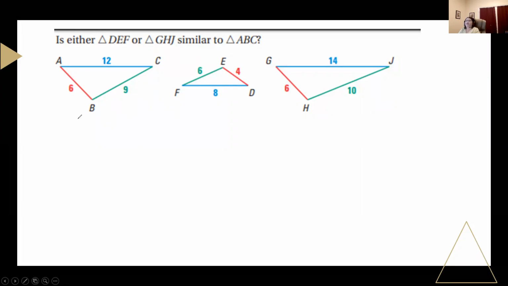So if I'm looking at ABC and EDF, do you want to do 4 over 6 or 6 over 4? It doesn't matter to me. 4 over 6. Okay, you're going to put 4 over 6. I'm checking triangle ABC and triangle EDF to see if they're similar.